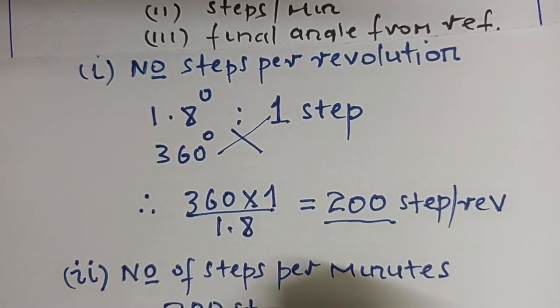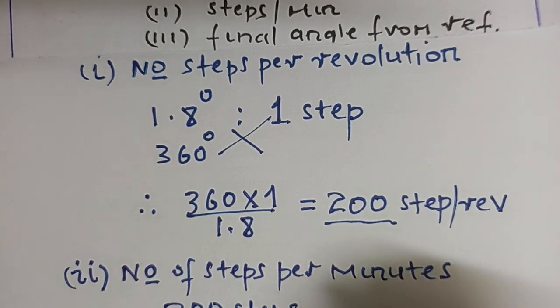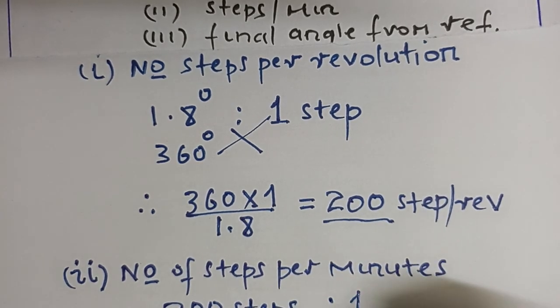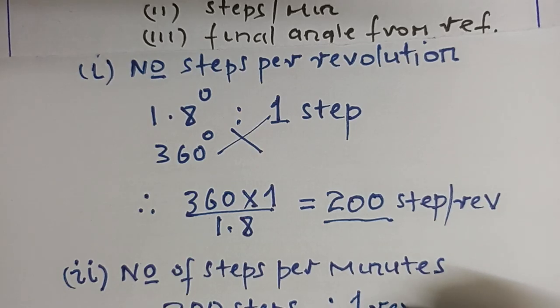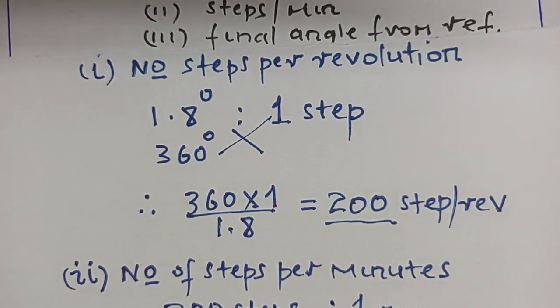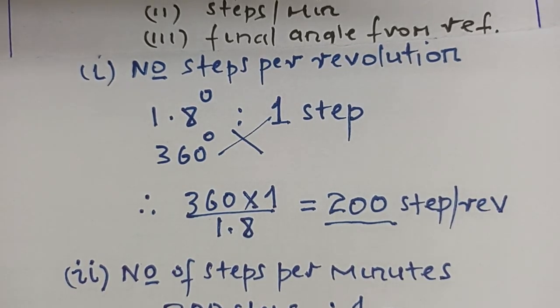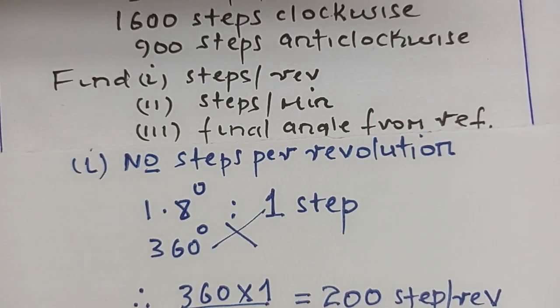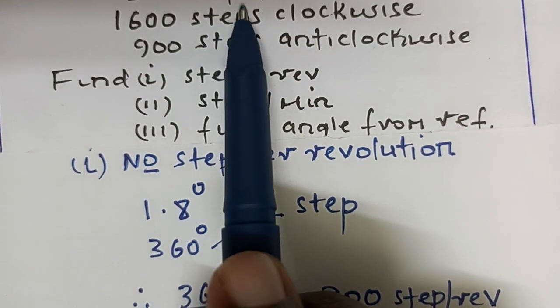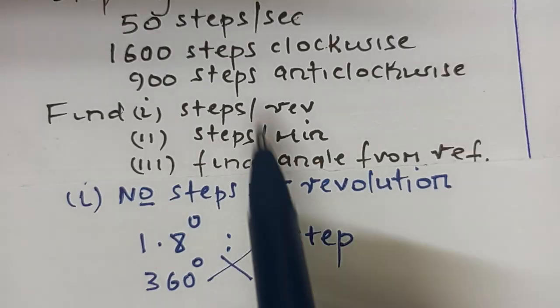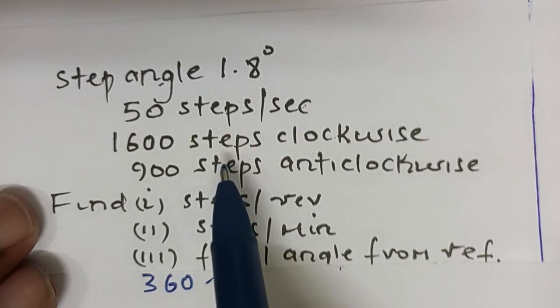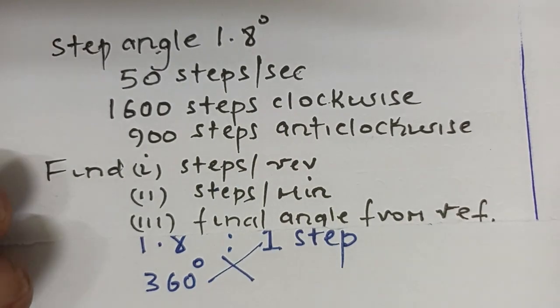But then we are told that we make 50 steps for 1 second. As you can see, we have 50 steps for 1 second.